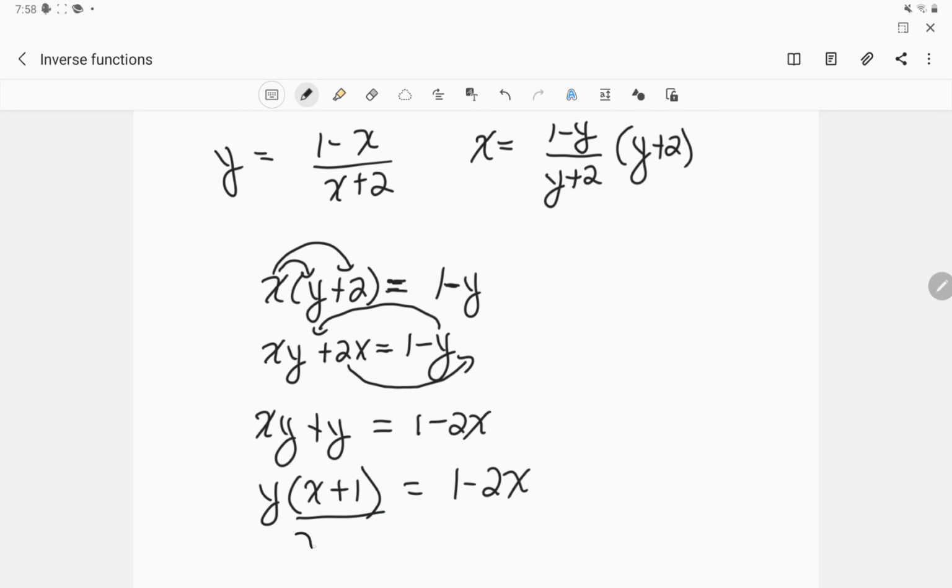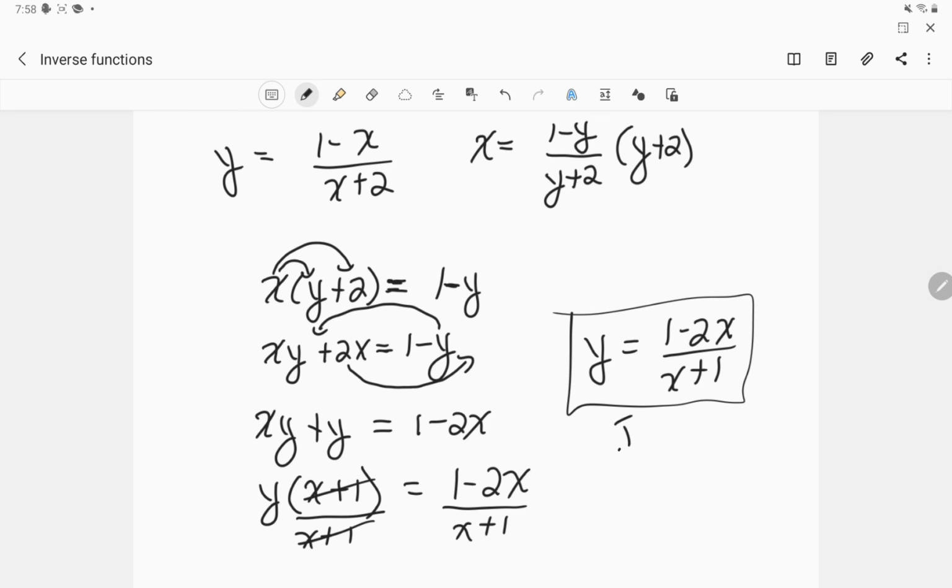So if I divide this side by x plus 1 and I divide this side by x plus 1, these will cancel, and I end up with y is equal to 1 minus 2x over x plus 1. This is your inverse.